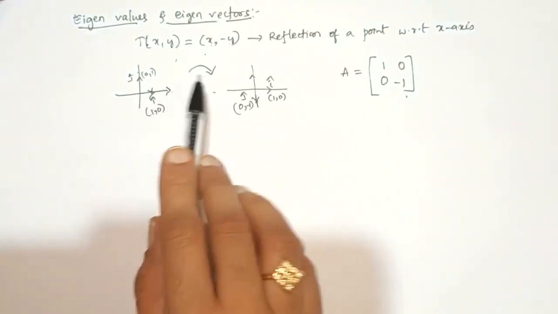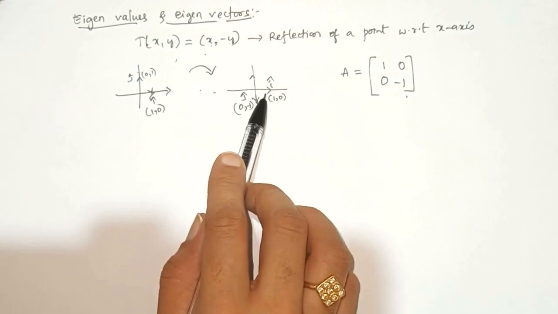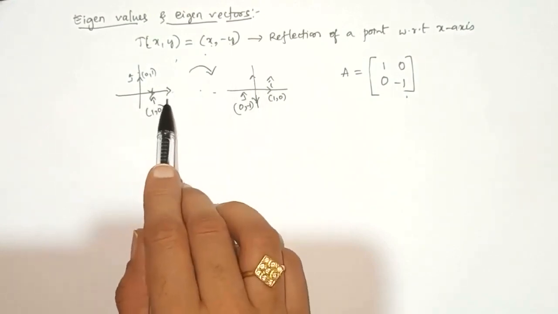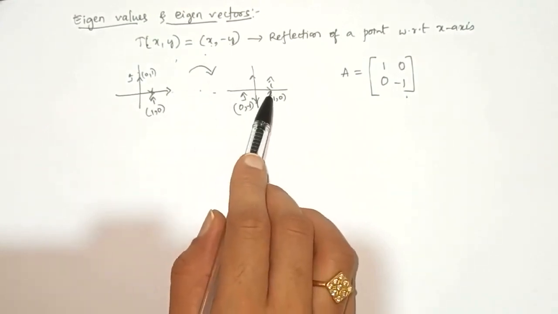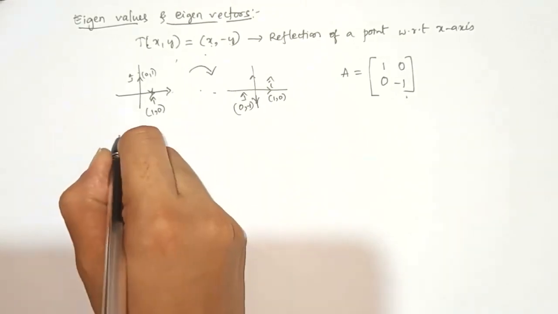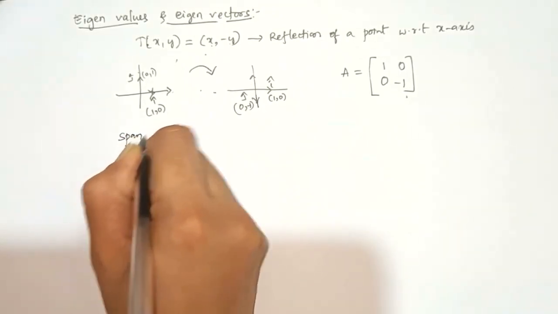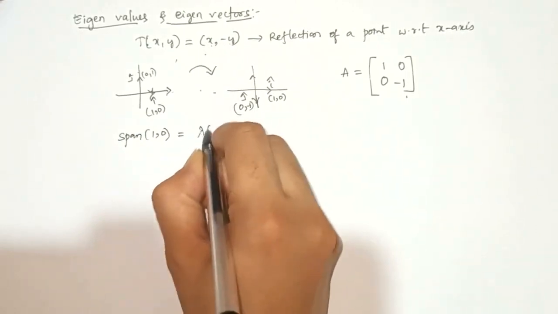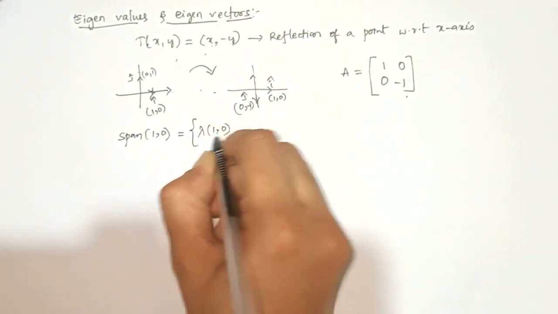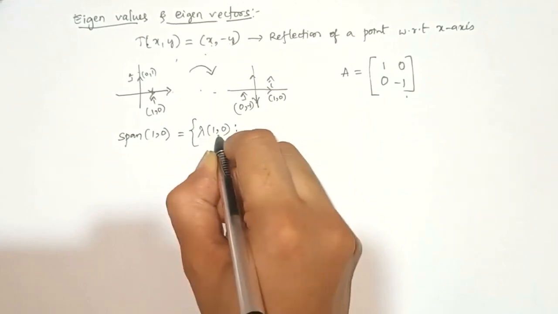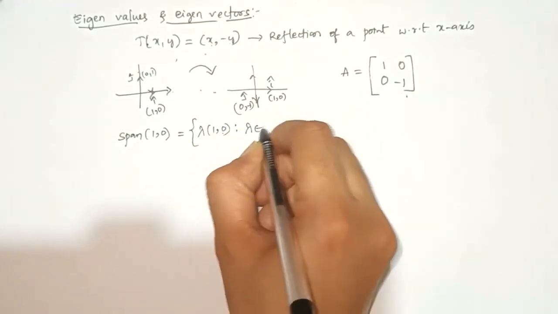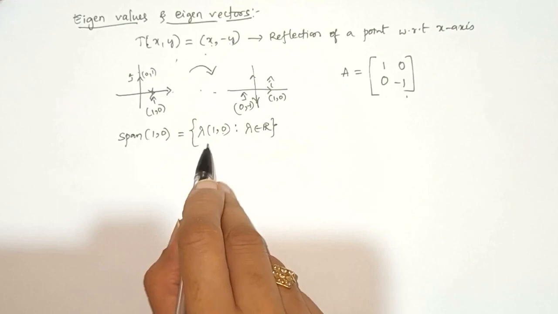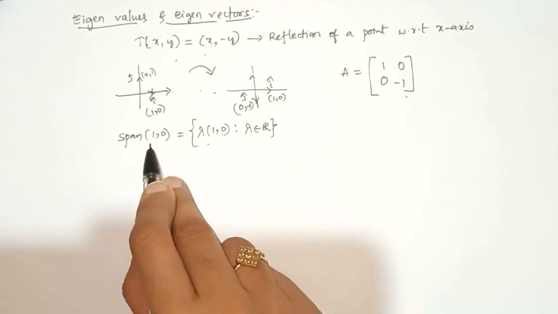Now, after applying this linear transformation, you can see that i cap is at the same position. Or else, let us write the span of this vector (1, 0), which is nothing but lambda times (1, 0), the set of all those vectors which are multiples of (1, 0) where lambda belongs to R. That is called the span of the vector (1, 0).